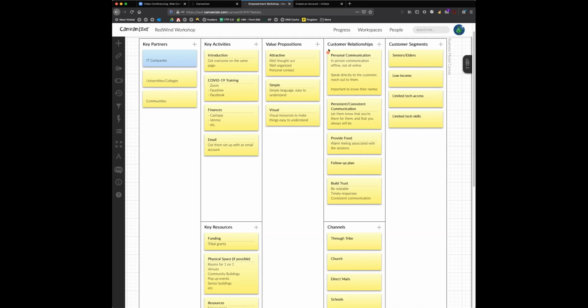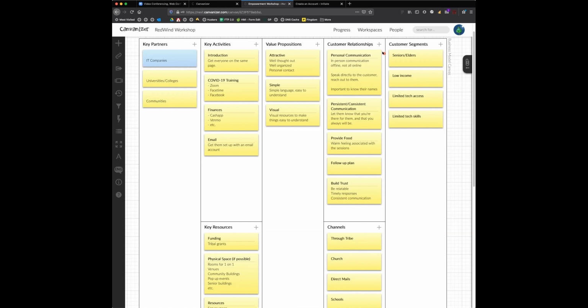Customer relationships. This is where we want to get more personal with them. We think it's important, especially with the groups that we're working with, to be very personal, have in-person communication. We can't look at everything online due to what we're trying to accomplish.